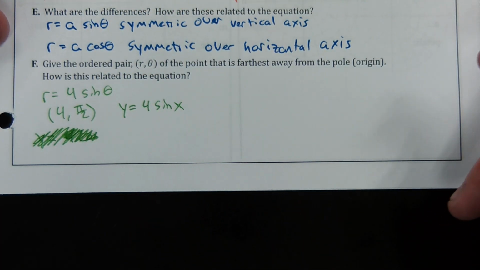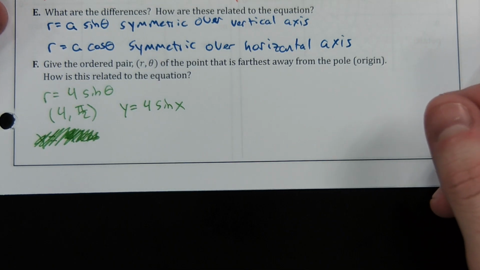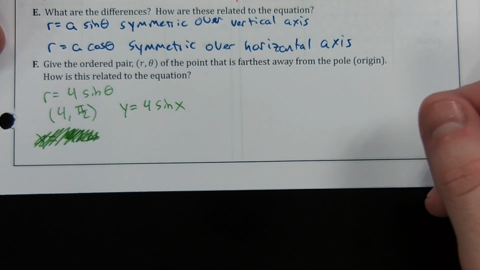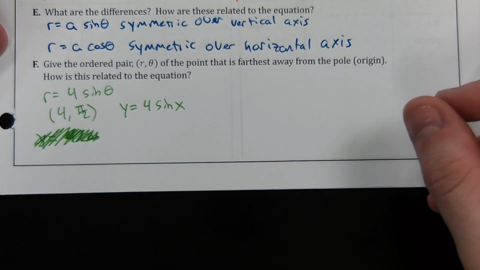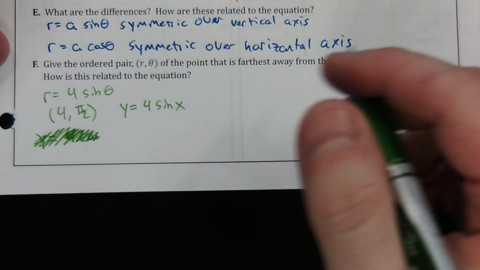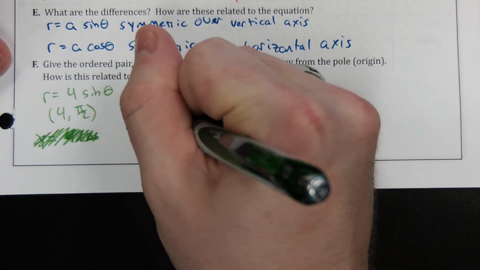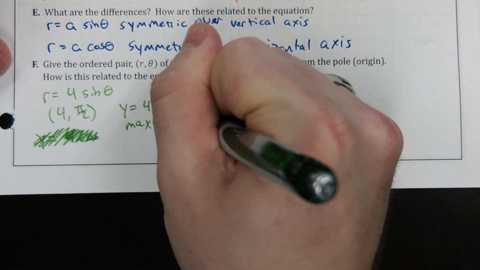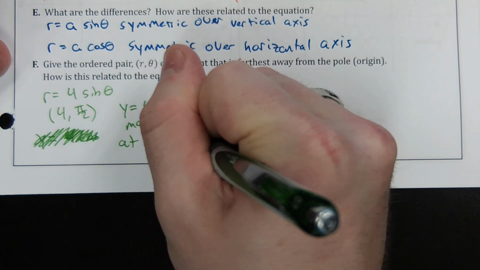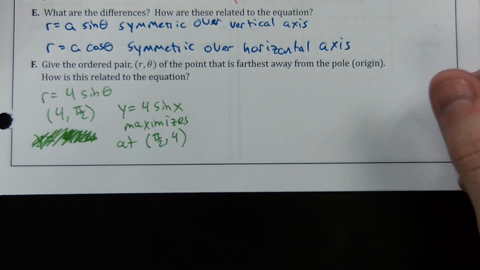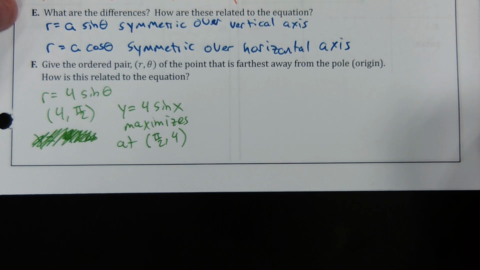In the first period, guess where its maximum is? It maximizes at x equals pi over 2. And since it has an amplitude of 4, it would have been 4 away from the x-axis. So that's how they're related to the function that they represent.